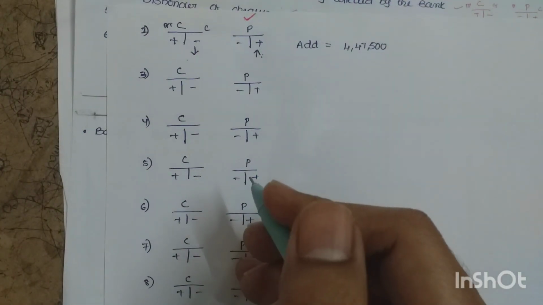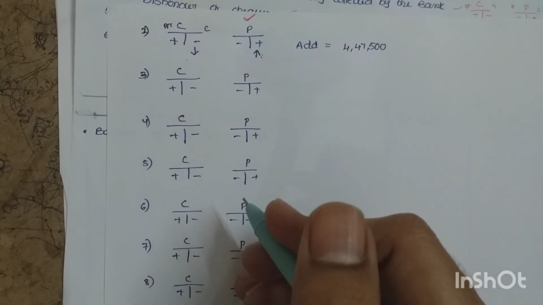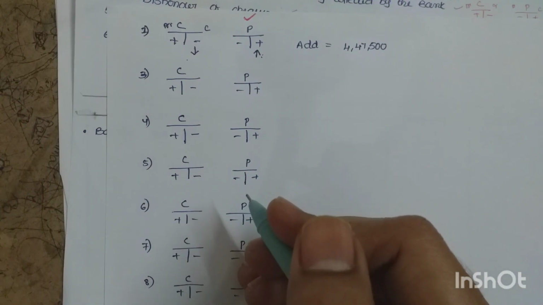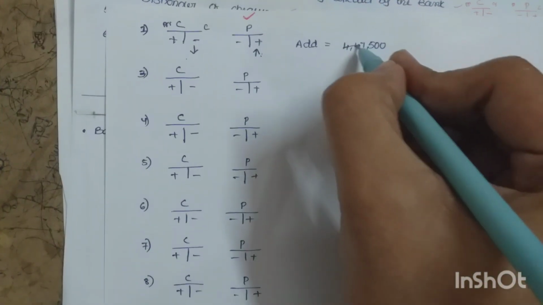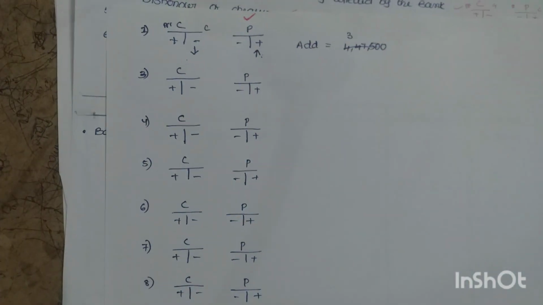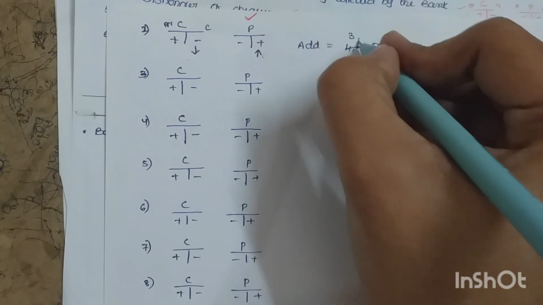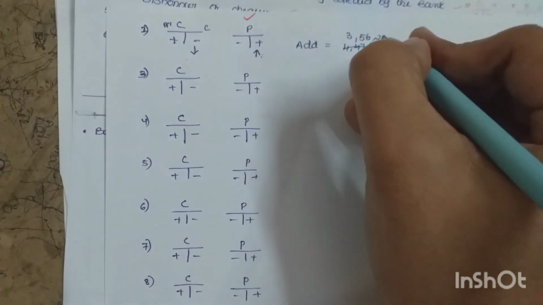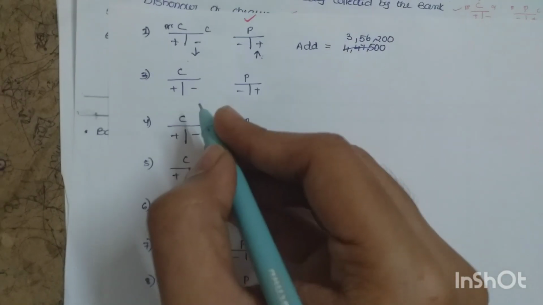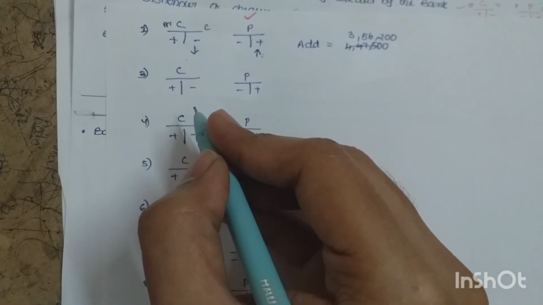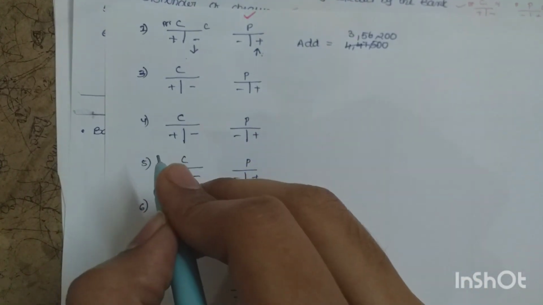Next one, check deposited but not yet credited. Okay, check issued is, sorry, how much? 3 lakhs. Okay, the amount is 3,56,200 is given. Okay, next, check deposited but not yet credited, 4,47,500.